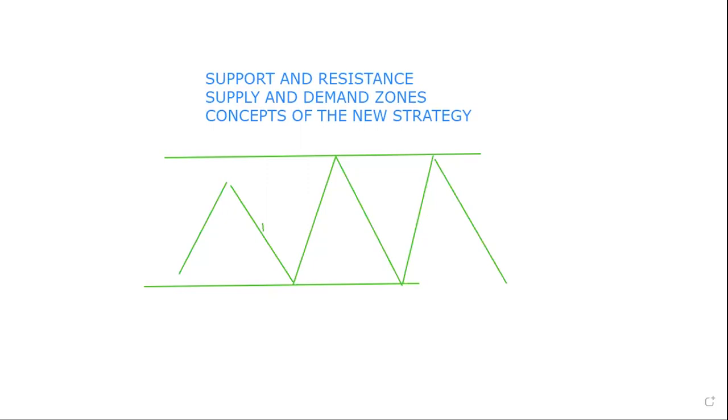So what I will do now, I want us to go to the chart so that we can look at some of the support and resistance areas we have in order for us to be able to identify them. Okay, let me load which chart I am going to use now.